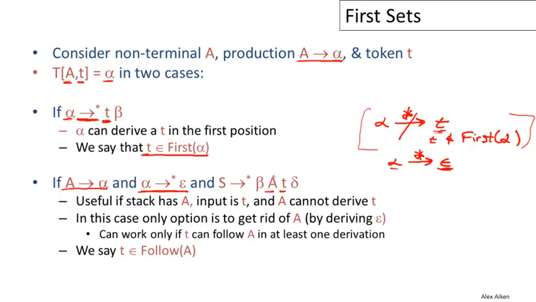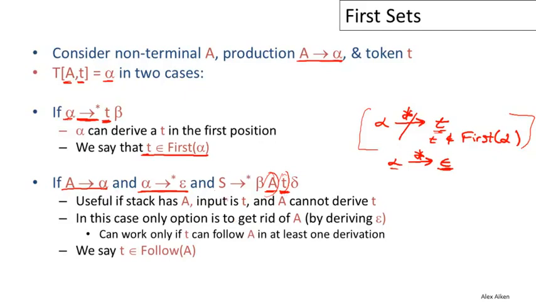There should be a derivation from the start symbol where the A is an important piece, and what comes immediately after the A is the next input symbol that we're expecting. In this situation, if we could get rid of the A by having it go to epsilon, then we would still be on track, because potentially some other piece of the grammar could come in and match the T.